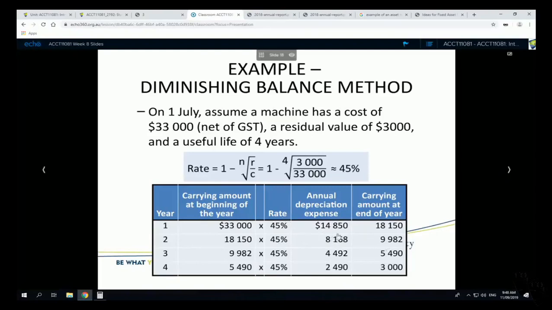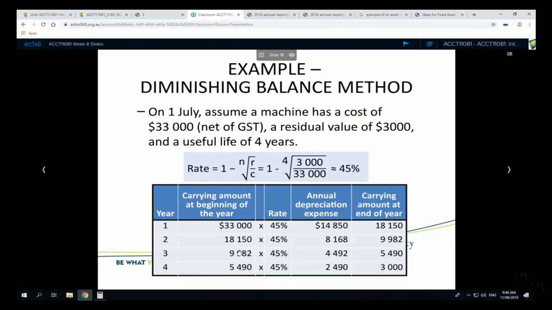So this is the amount we will put into our journal entry, so our debit depreciation, credit accumulated depreciation for the second year. Okay, so then, we take the 18,150 minus the depreciation for that year to get our new carrying amount at the end of the year. And again, we use that new reduced value to start year three with. Apply the 45%, get the depreciation for year three.